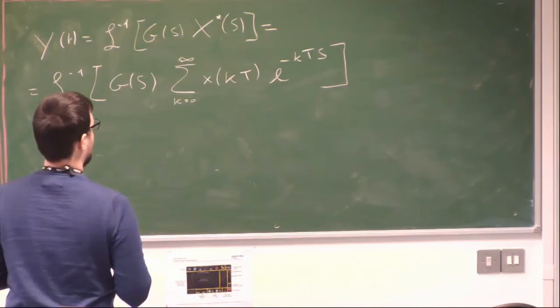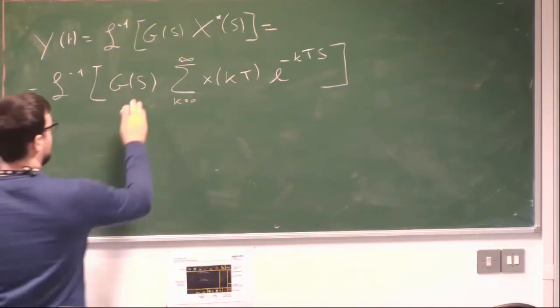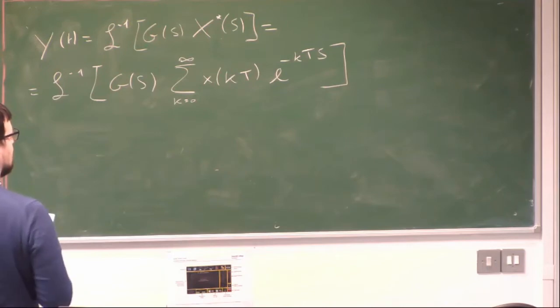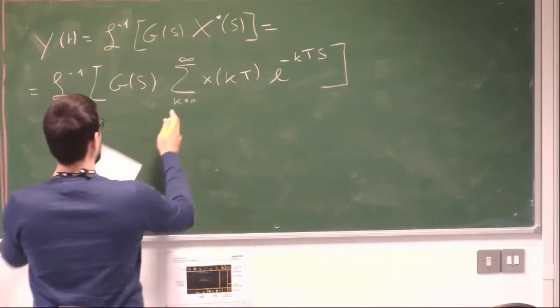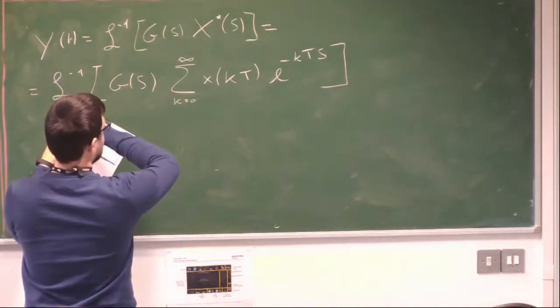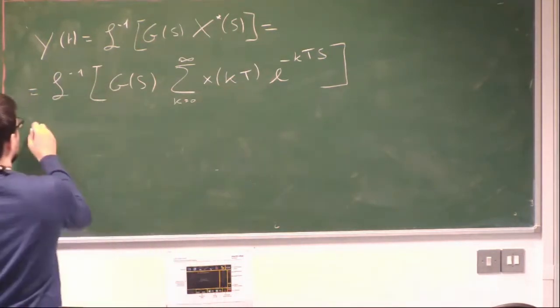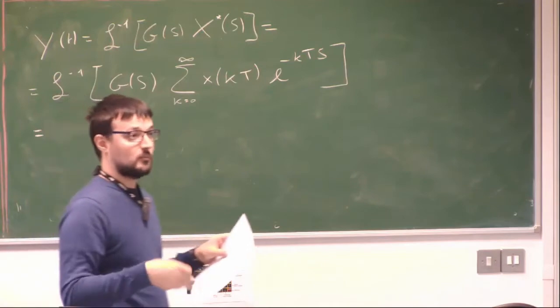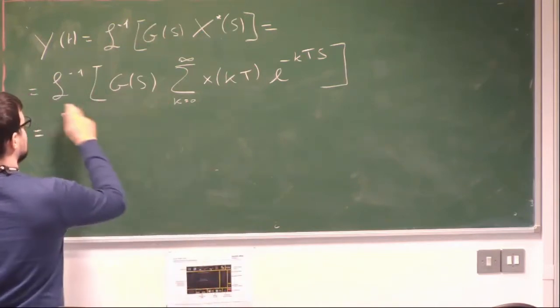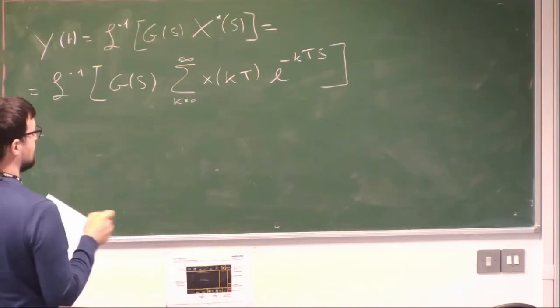In the next step, we can bring this inside the sum, because it is a constant with respect to k. And we can then bring the inverse Laplace transform inside the sum. The reason is that for the Laplace transform, linearity holds, so we can swap the sum and the inverse Laplace transform.